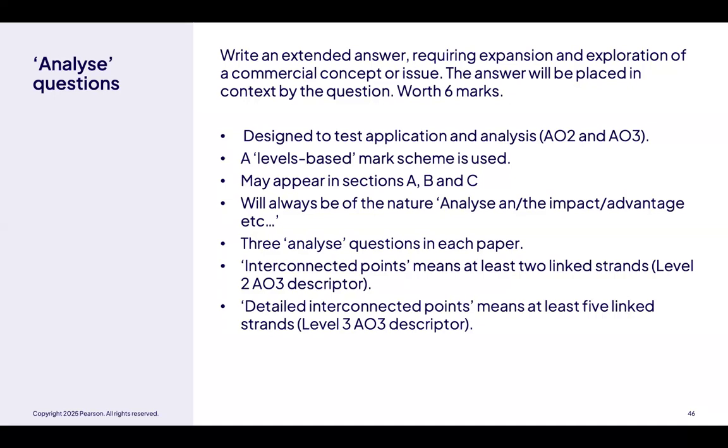And we have tried to make this really clear for examiners and for teachers and for students, so that interconnected points means at least 2 linked strands. Detailed interconnected points, the last bullet point, actually means 5 linked strands of development. And I want to exemplify those today. So when we look at those descriptors, when we look at those level mark schemes, that's what they mean.